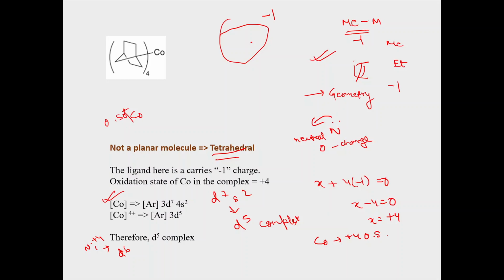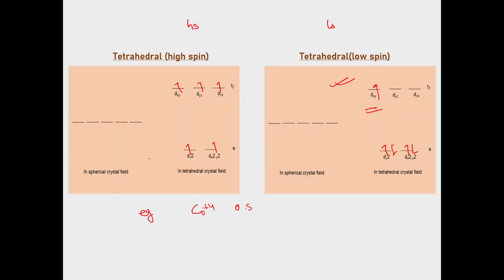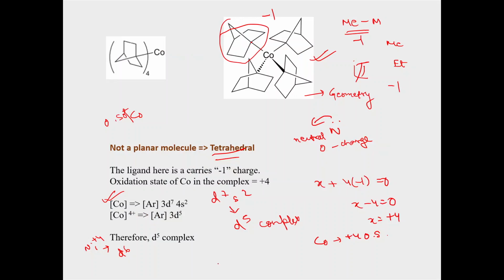I don't know whether any compound like that exists or not. But D6 means for high spin, you will see 1, 2, 3, 4, 5, 6. And for low spin 1, 2, 3, 4, 5, 6.